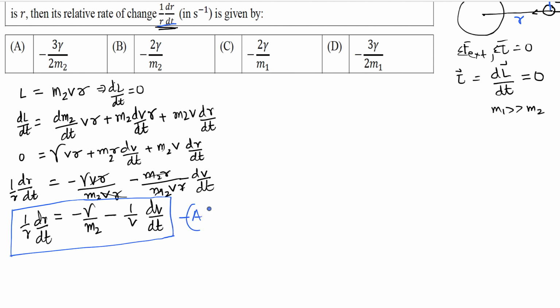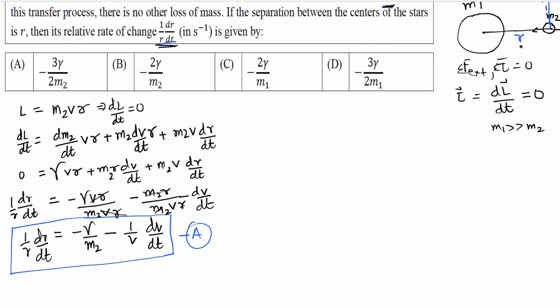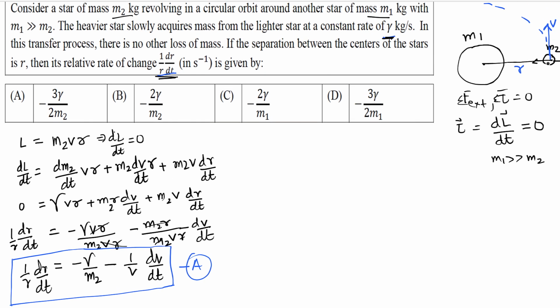Let's call it A. Now, we also know that since it is moving in the orbit, the force will be balanced here, and that force is nothing but G m1 m2 by r square equal to m2 v square by r.